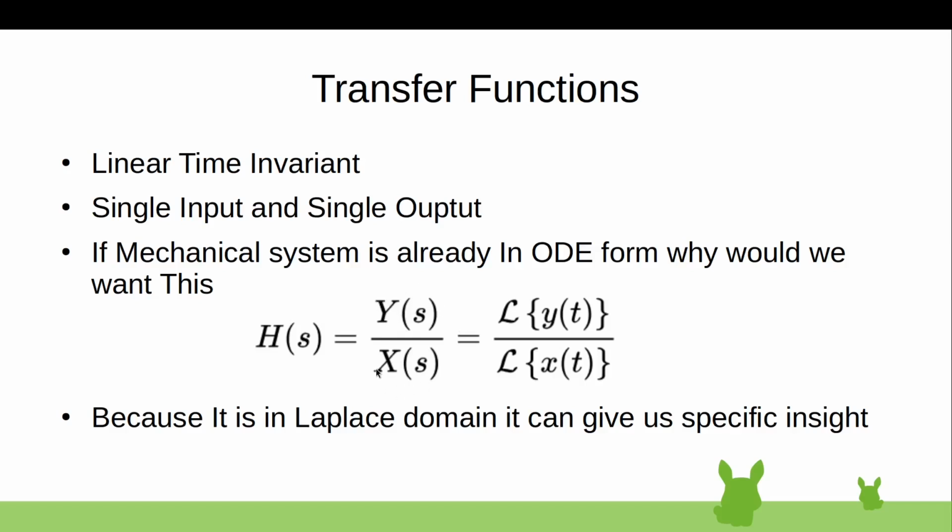Putting X of s on top and F of s on the bottom, that is our transfer function H of s, which equals 1 over m s squared. If you've done it on paper, congratulations, you've made your transfer function.